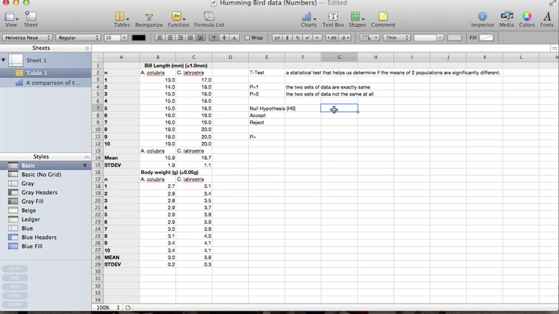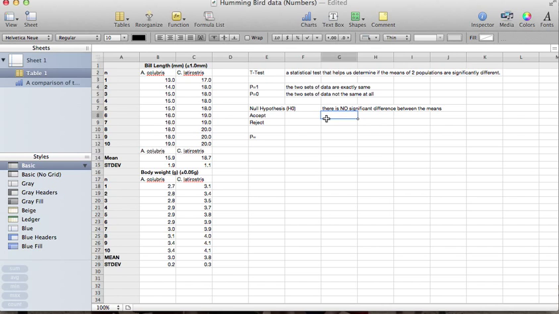Our null hypothesis doesn't change no matter what we're running. It's always the same. The null hypothesis is that there is no significant difference between the means. We need a point of acceptance or rejection within this probability.